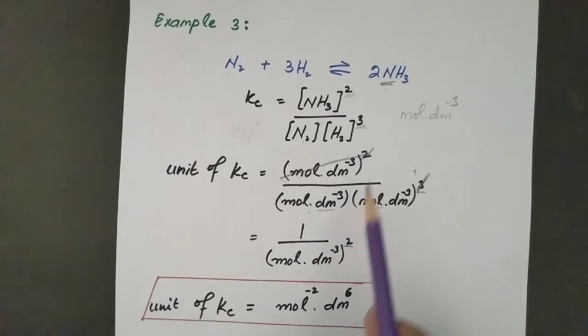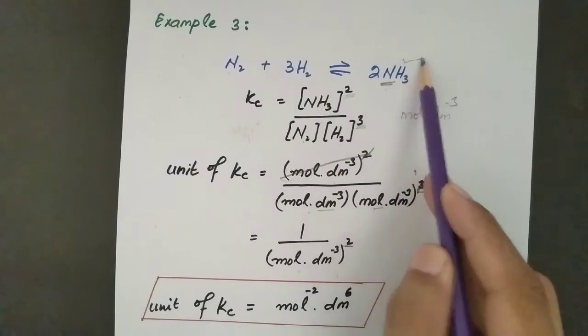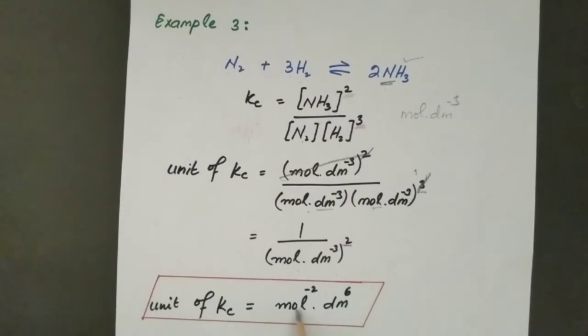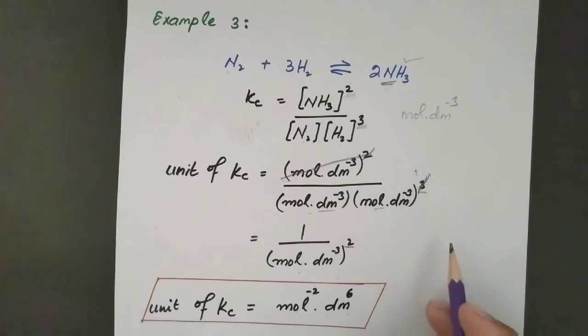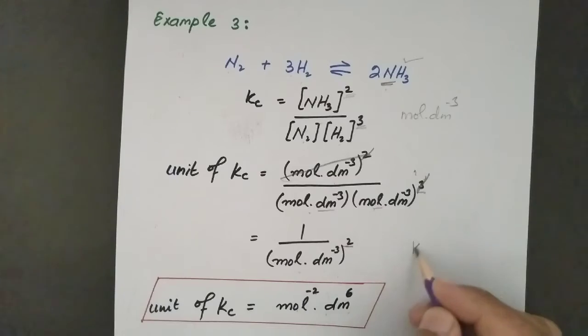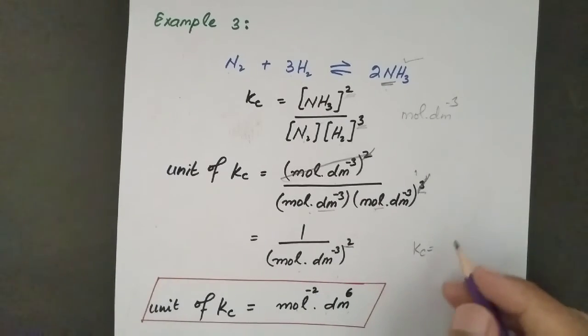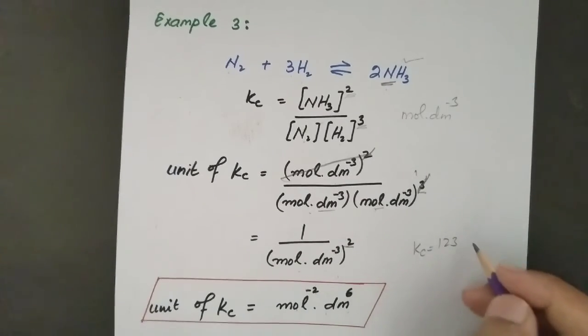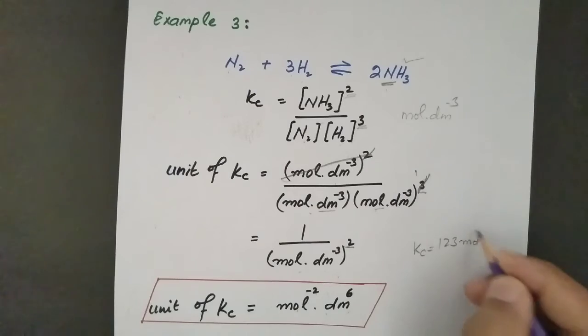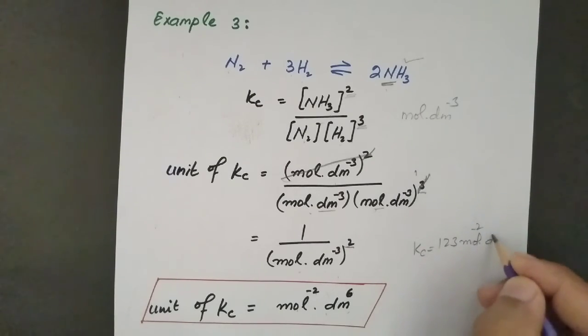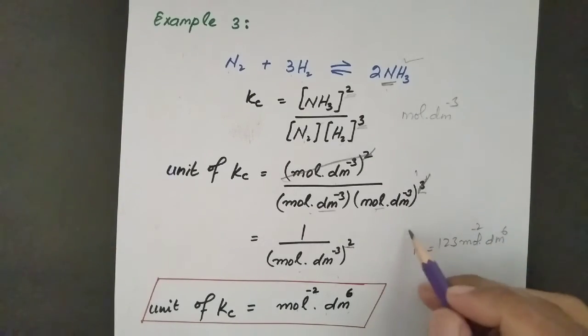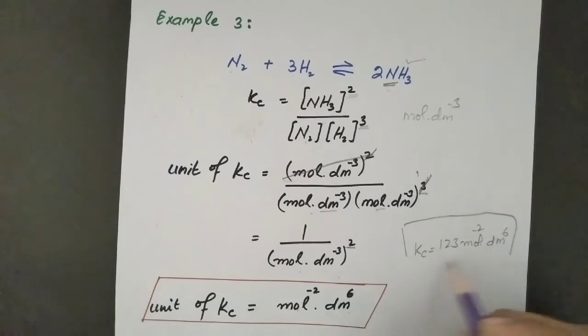So the unit for this reaction will be mole inverse square into decimeter to the power 6. Whenever you write the Kc value for this ammonia reaction, let's suppose the value is 1, 2, 3, you write it with the unit mole inverse square decimeter to the power 6. In this way you are going to write the value of this equation.